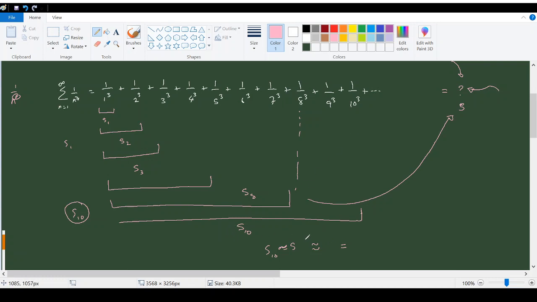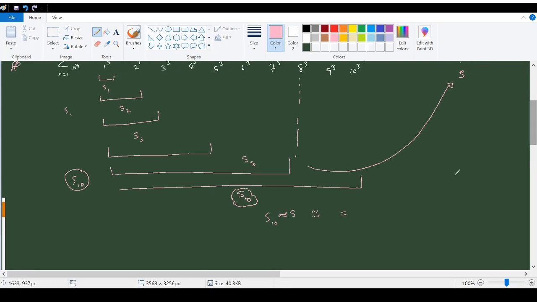Since this is an approximate figure, there will be a difference between the actual answer and our approximated answer, and that difference can be denoted by S minus Sn.